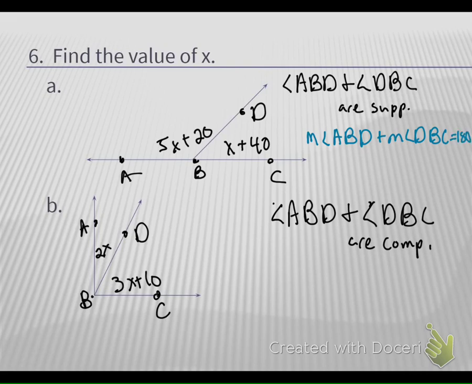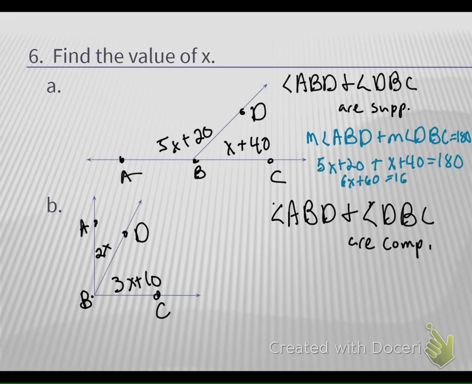We know the measure of angle ABD. How much is it? 5x plus 20. How much is DBC? x plus 40. I heard somebody whispering. Equals 180. We're going to combine those like terms. Like terms are going to be the constant terms and the variable terms. So the ones that have the variables, how many x's do we have? 6x. 20 plus 40.